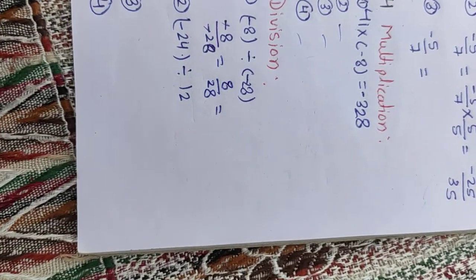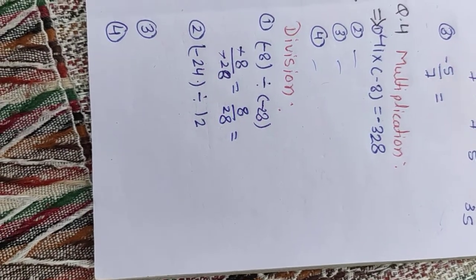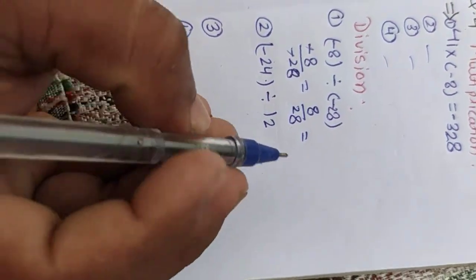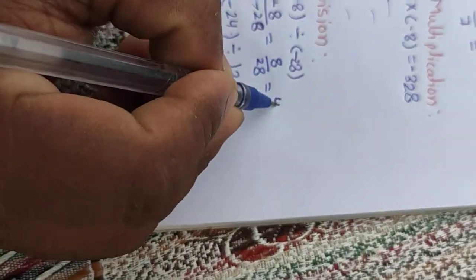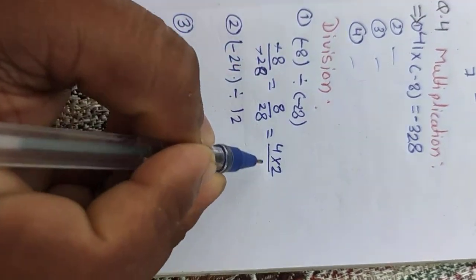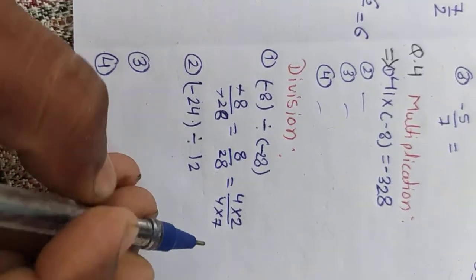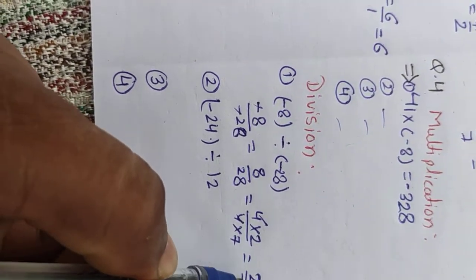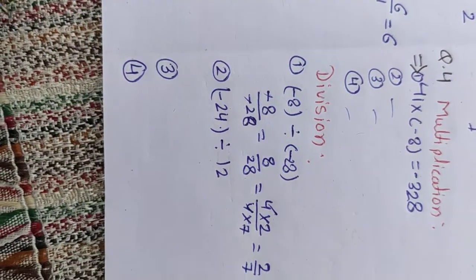So here we have to choose in which table both numbers are there. So it will come in 4: 4 2s are 8, 4 7s are 28. This 4 and 4 cancel, we got 2 upon 7 as the answer.